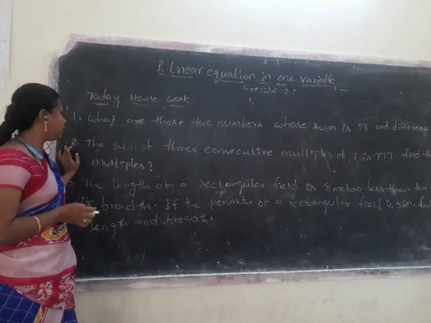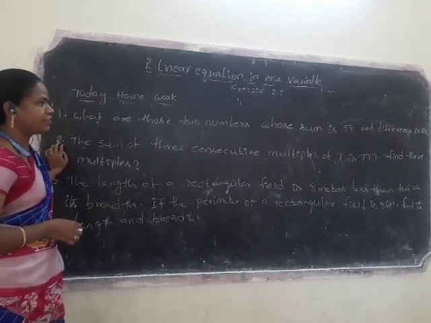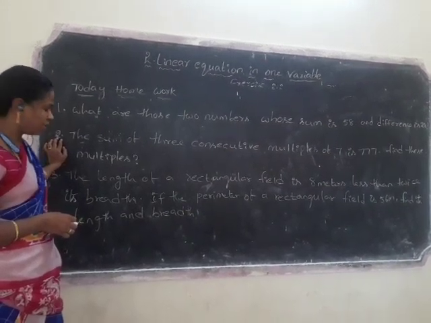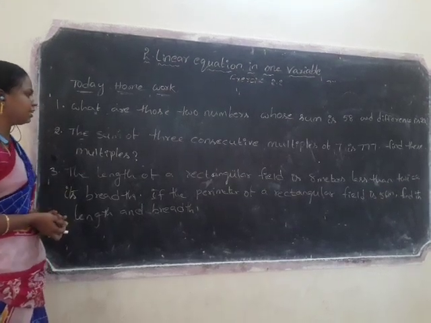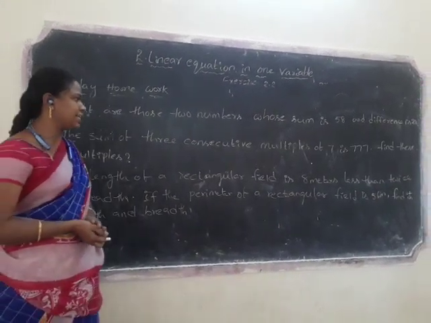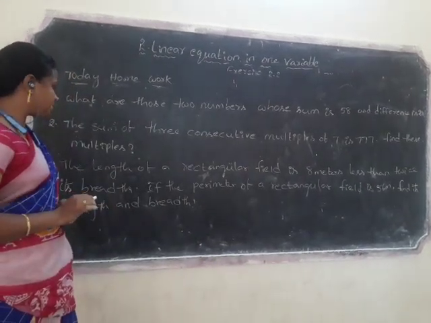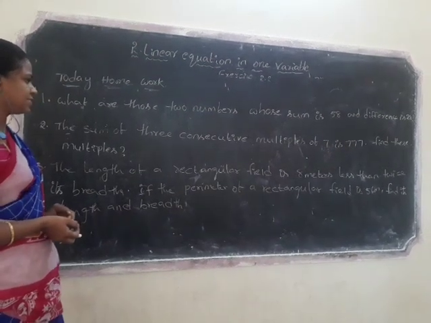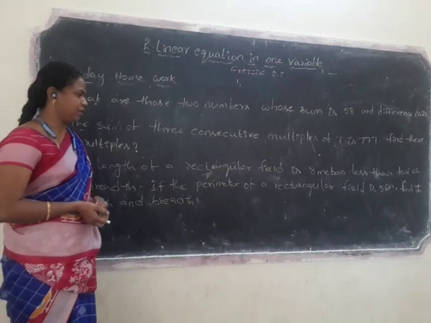Next, second one: the sum of three consecutive multiples of 7 is 777. Find these multiples. Now, the last one, the third problem: the length of a rectangular field is 8 meters less than twice its breadth. If the perimeter of the rectangular field is 56 meters, find its length and breadth.